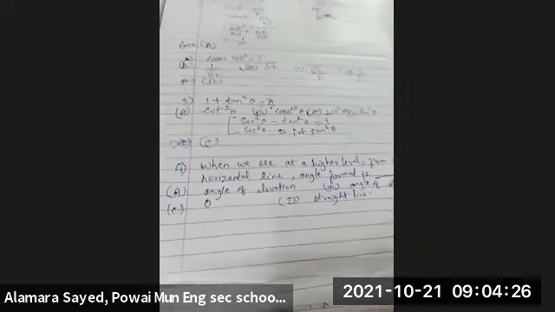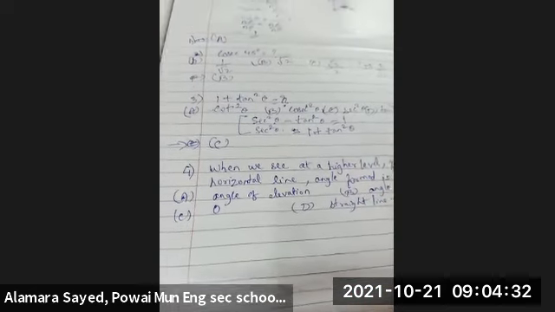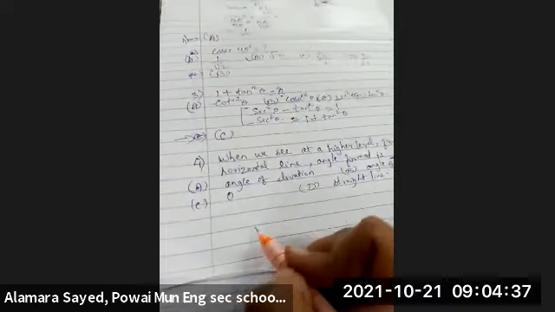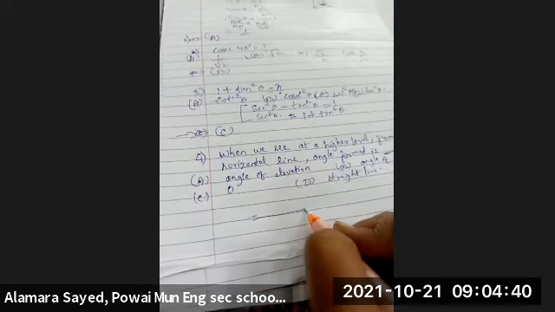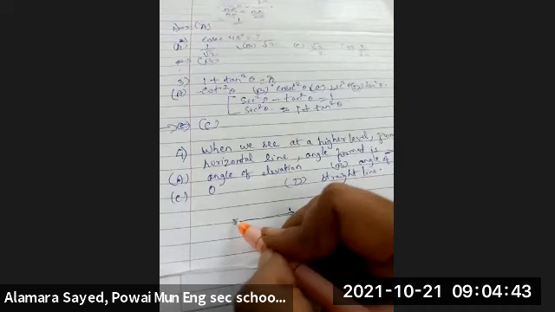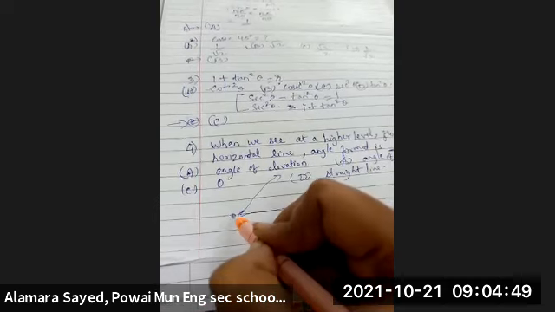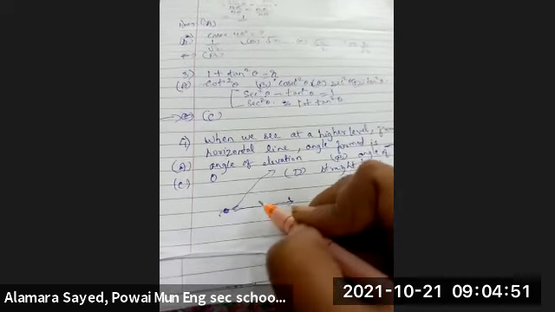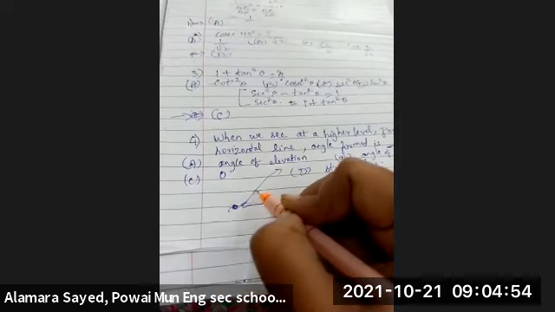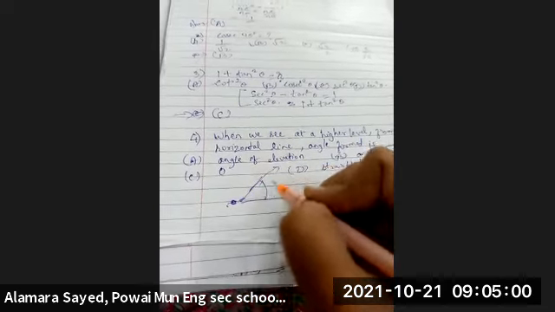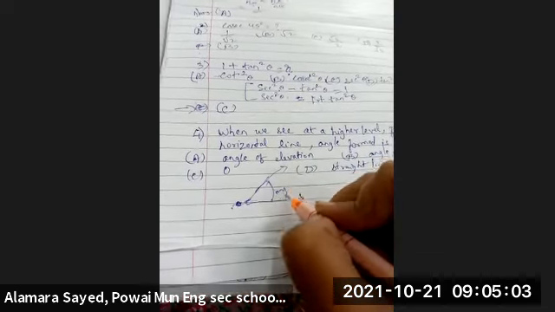Actually, the portion 6.2 is reduced from your syllabus, and this question is as per 6.2, so it might also reduce, but just for your information, we'll do this. This is the horizontal line, and when your eyes are here, watching this horizontal line from upside, at a higher level, the angle which is formed is known as angle of elevation.